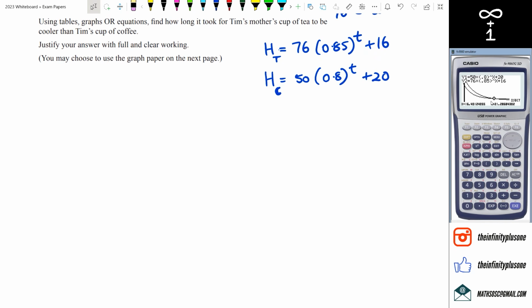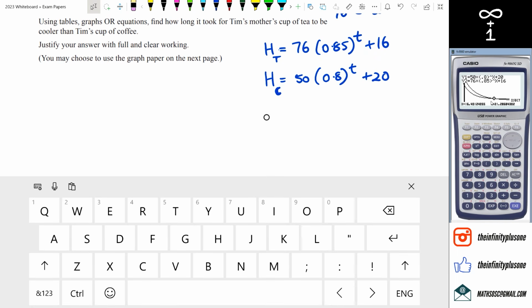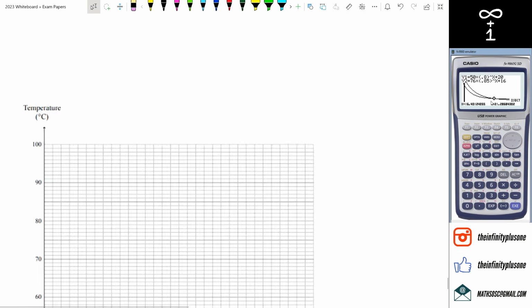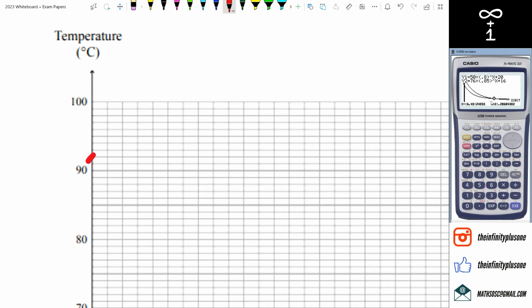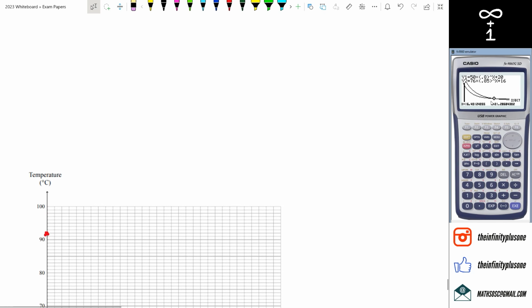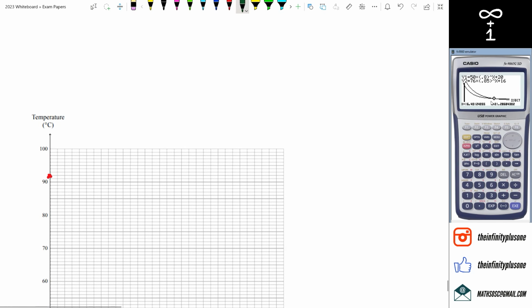So in other words, which one is at the top? I'm going to draw a rough sketch. Let's just do this. I'm going to do that one first. And h of t, and then that is the coffee. So the tea starts at 92, and the coffee starts at 70, which is going to be somewhere here.